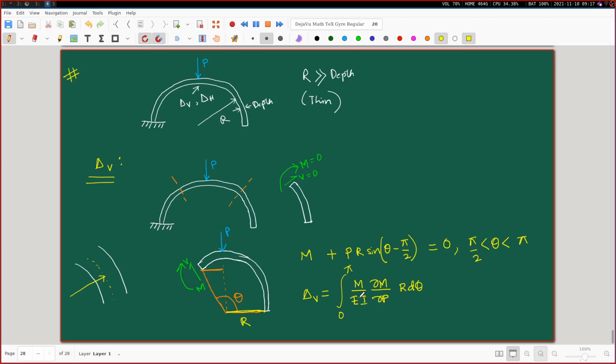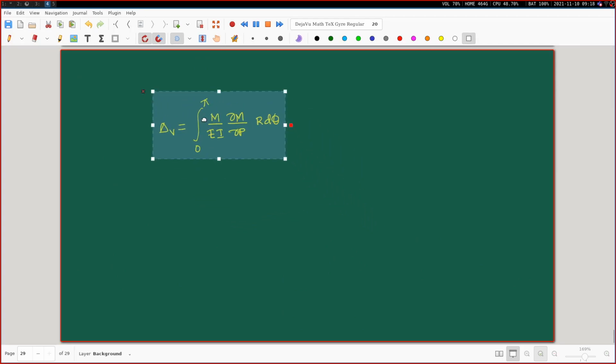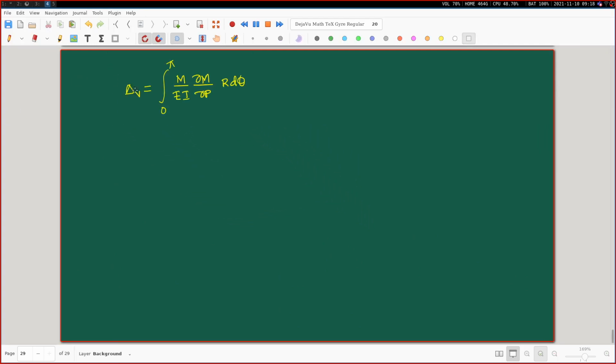But in reality, what we have to do is subdivide this from 0 to pi by 2 plus pi by 2 to pi.